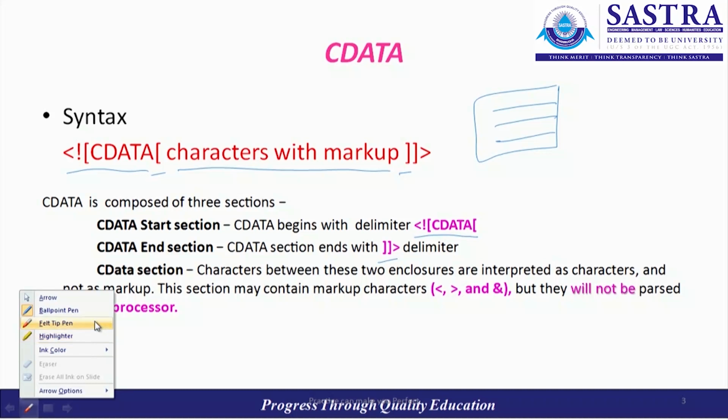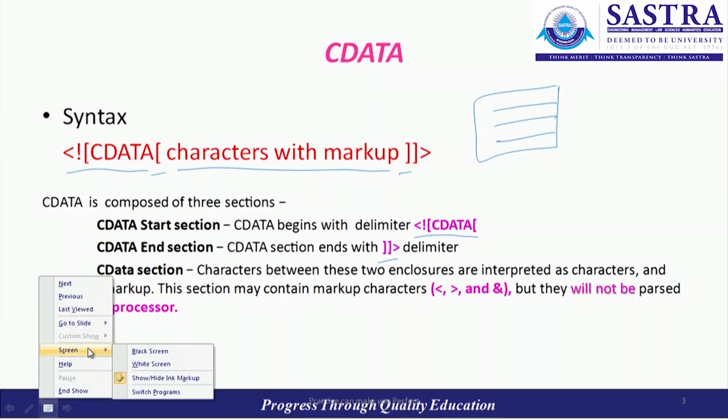In this document we can create it like this. In the XML document I have written a student XML document and I would like to specify description and slash description.